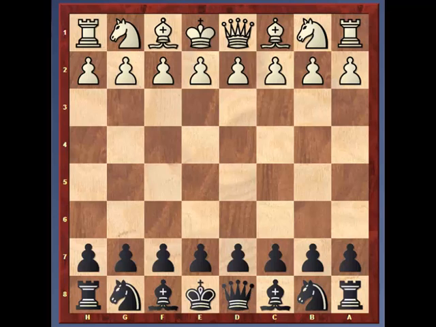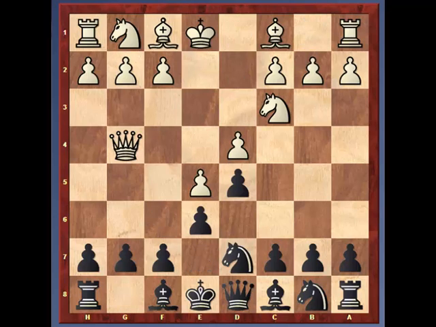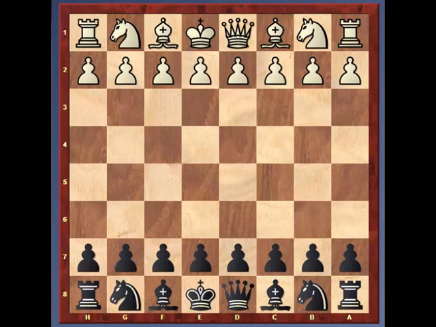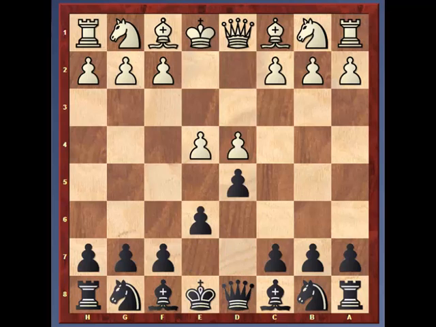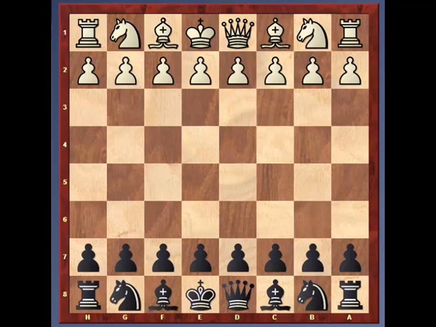This is the Gledhill attack of the Steinitz. This is the Bern variation. Or the McCutcheon variation. This is the McCutcheon Bogolyubov variation.